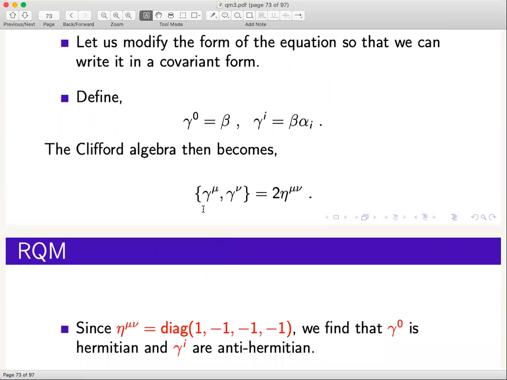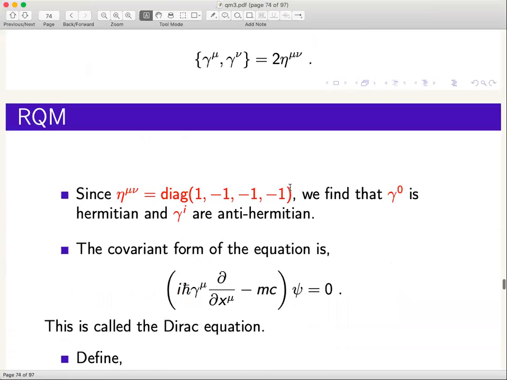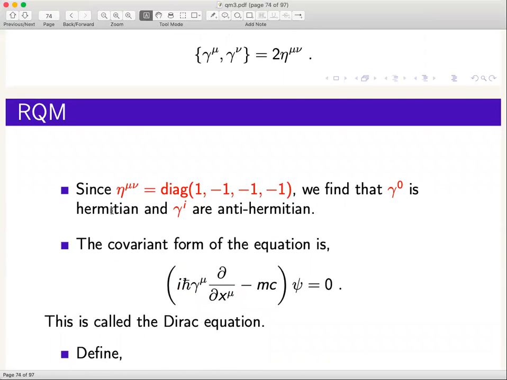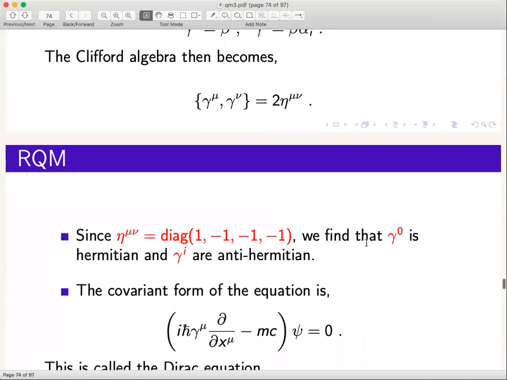This expression corresponds to gamma_mu gamma_nu plus gamma_nu gamma_mu, but now it will be equal to 2 times eta_mu nu, unlike the alphas, which gave 2 times delta_mu nu. Now, since we have chosen eta_mu nu to be (1, -1, -1, -1), it tells you that gamma 0 squares to 1 and gamma 0 is Hermitian, whereas gamma_i is anti-Hermitian and squares to minus 1.